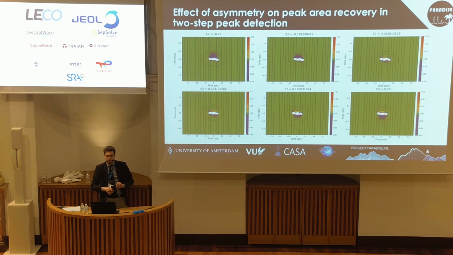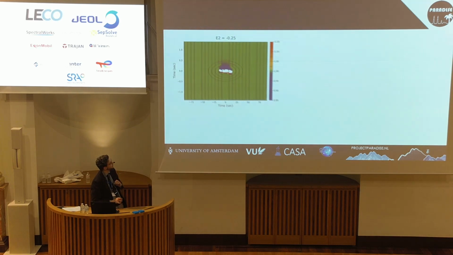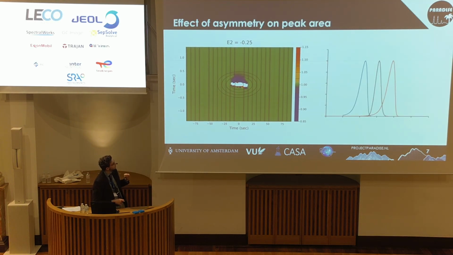And we are all chromatographic people, so we like to look at chromatograms to see what is going on. So if we would do that in a chromatographic visualization, you would see something like this, where here the black peak in the middle is our stationary peak, the one that doesn't move. And then we have 2 peaks which have the exact same shape, and their apices are the same distance from the stationary peak.